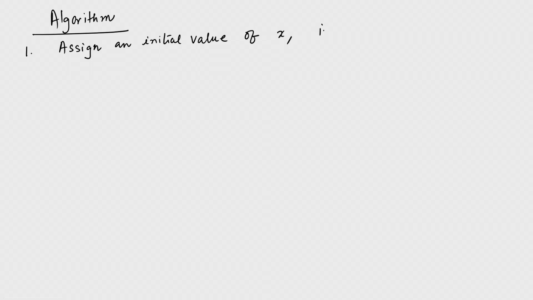The first thing is to assign an initial value of x, that is x 0, and a tolerance, let us call it TOL.